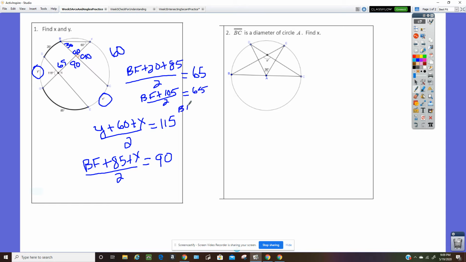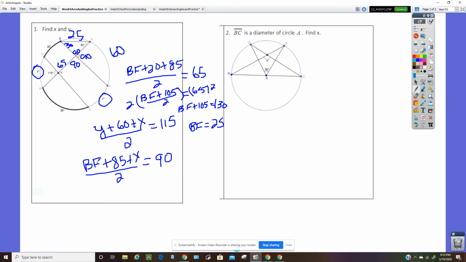Then BF plus 105 is equal to 130, if I multiply both sides by 2 here. So BF is equal to 25. So this is 25 right here.